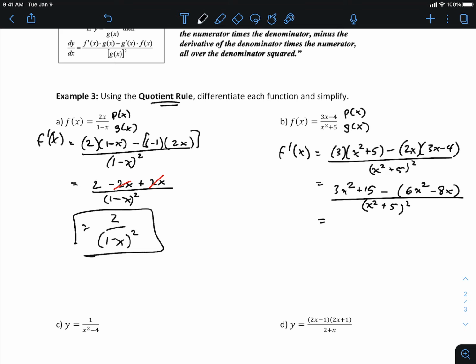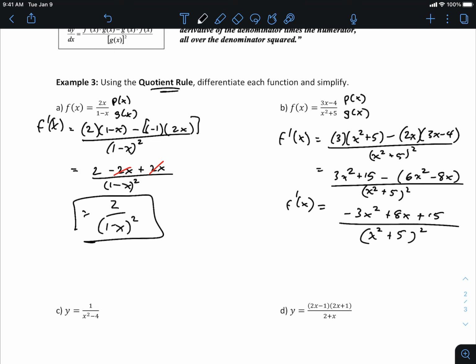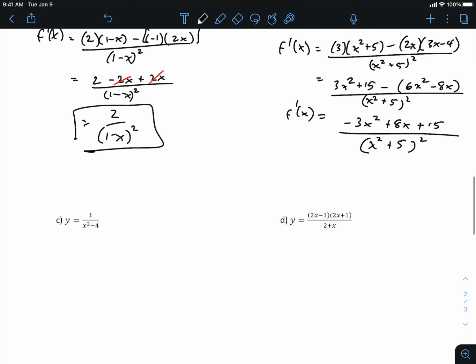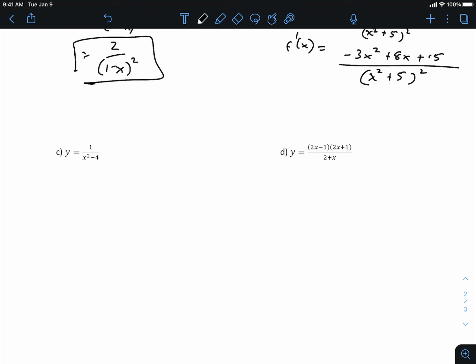So we're going to get negative 3x squared plus 8x plus 15, all divided by x squared plus 5 squared. Okay, this is f prime of x. Okay, let's keep going. Much nicer than using first principles.